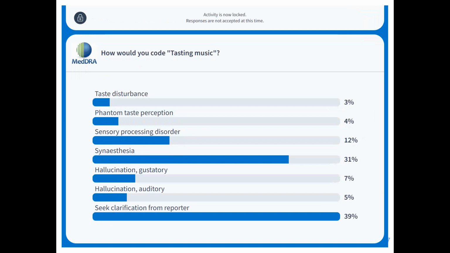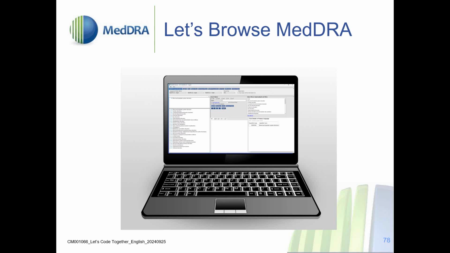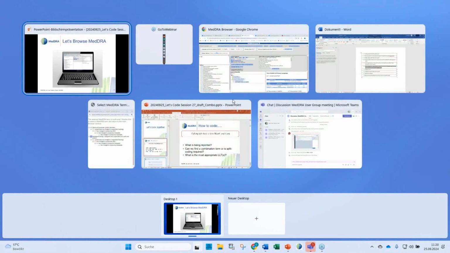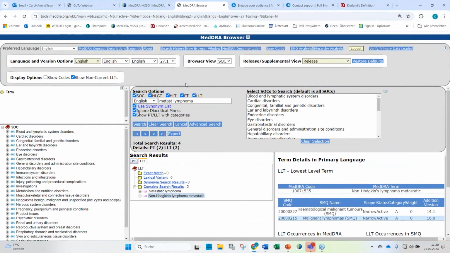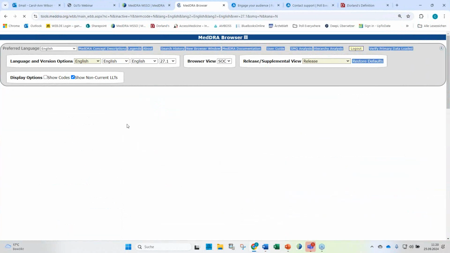We always use verbatim descriptions that are real, so they're not invented. So let's switch to the browser again and look for our terms. Taste disturbance, of course, is there. Very general term.